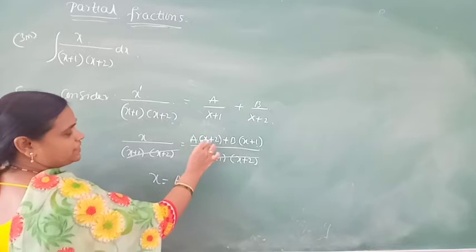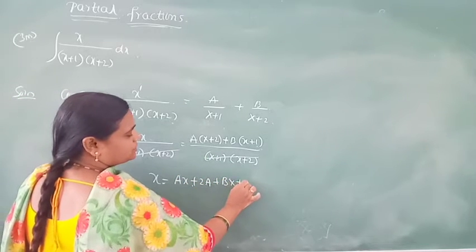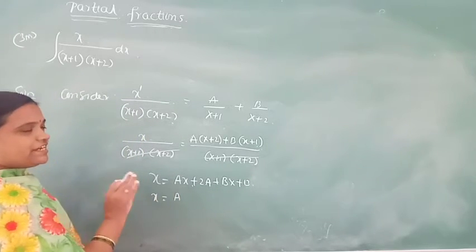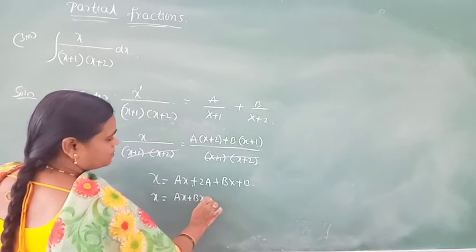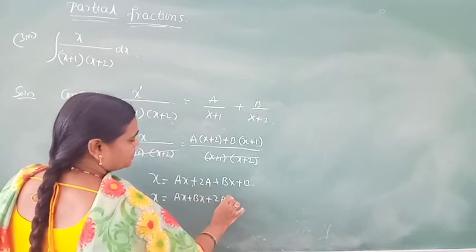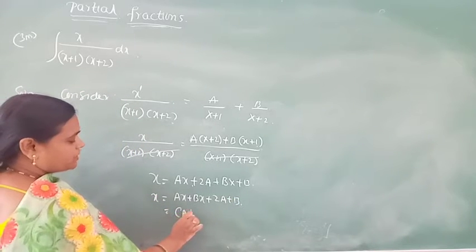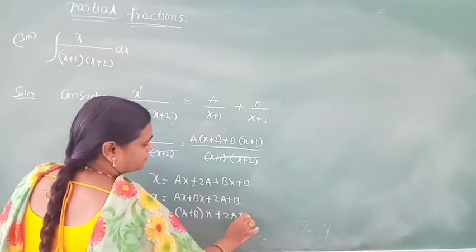We get x equals a(x plus 2) plus b(x plus 1), which is ax plus 2a plus bx plus b. Take x terms on one side, constants on the other: ax plus bx plus 2a plus b. See, ax plus bx, which one is common? x is common: (a plus b) of x, plus (2a plus b).